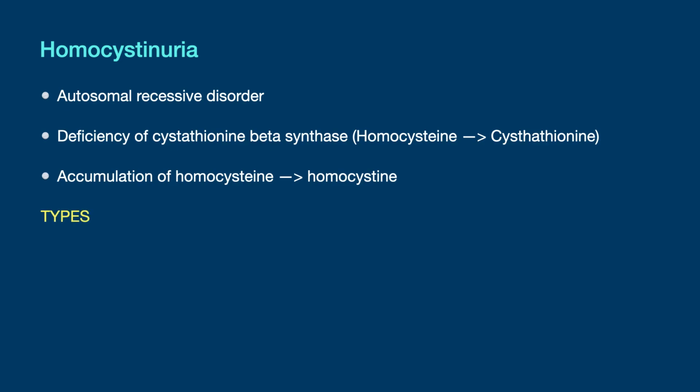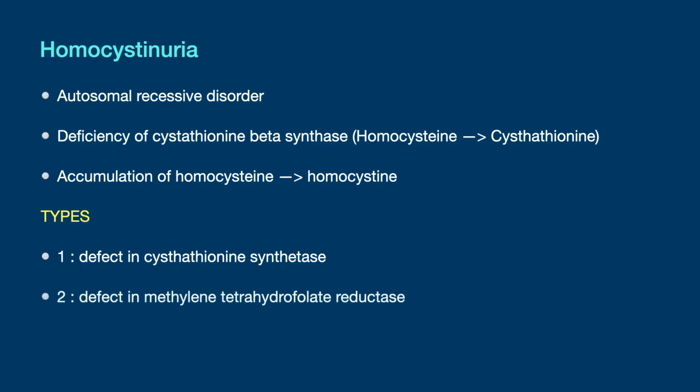There are 3 types of condition. Type 1, which has a defect in cystathionine synthetase. Type 2, there's defects in methylenetetrahydrofolate reductase. However, individuals with this condition rarely survive the neonatal period or if they survive longer than this, they often have more severe mental retardation.